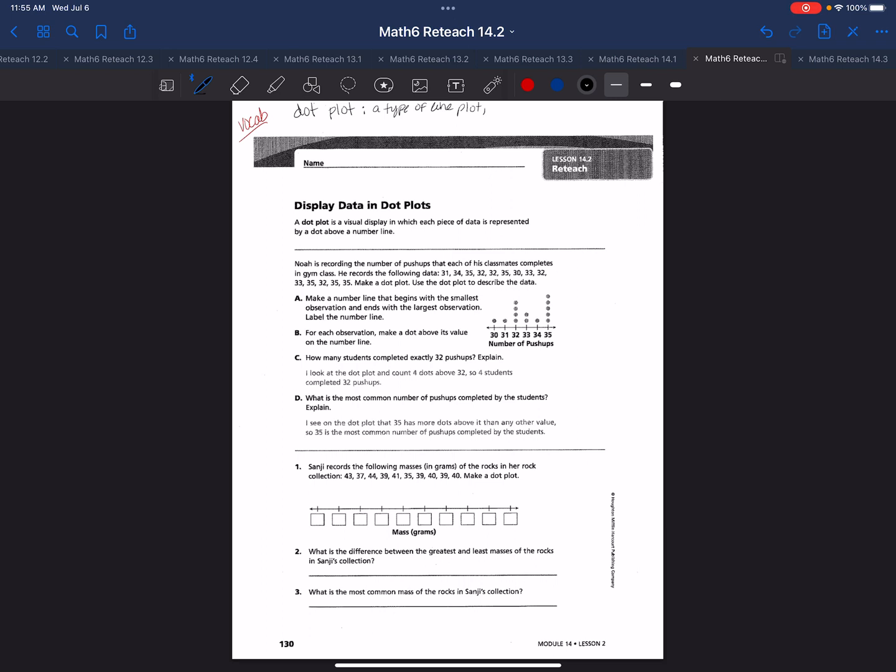It is a visual display that shows how many times each data occurred.